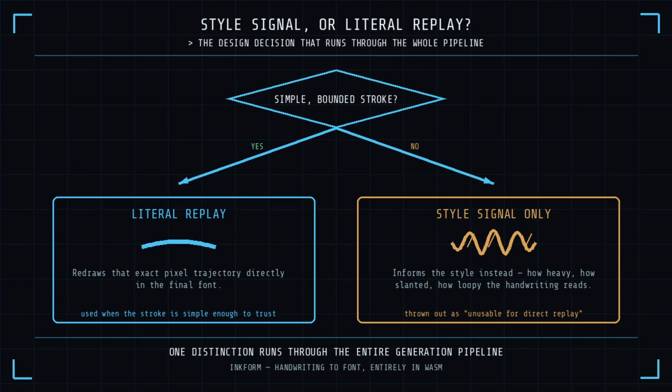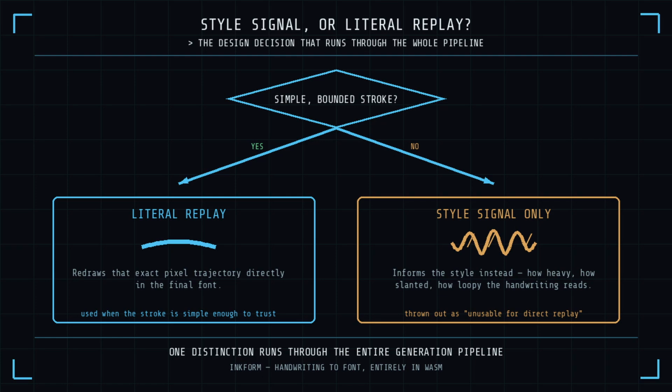Here's the important design decision though. Inkform does not try to map every extracted stroke into a specific letter. It only reuses a stroke directly, meaning that it redraws that exact pixel trajectory in the final font, when that stroke has a bounded simple shape, 1 or 2 trajectories, no crazy branching. Connected cursive handwriting, where 5 letters are physically 1 continuous ink blob, produces skeletons that split into many branches.